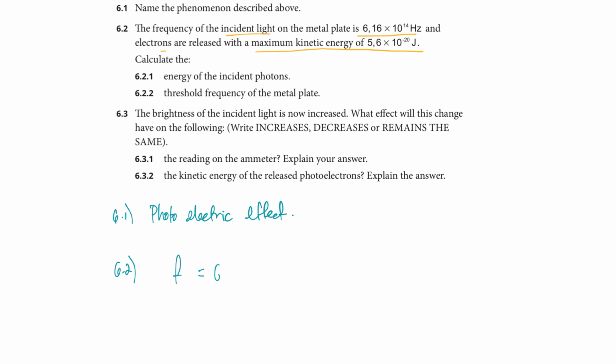We have a frequency of 6.16 times 10 to the power of 14 hertz, and an EK max of 5.6 times 10 to the power of negative 20 joules. That's my two bits of information. Let's start with the first question.